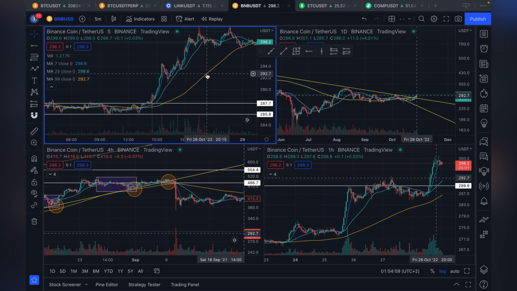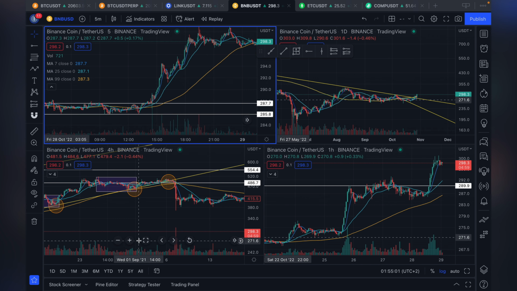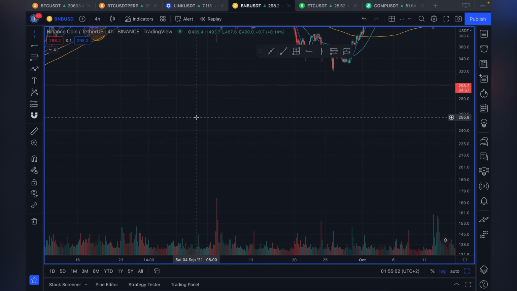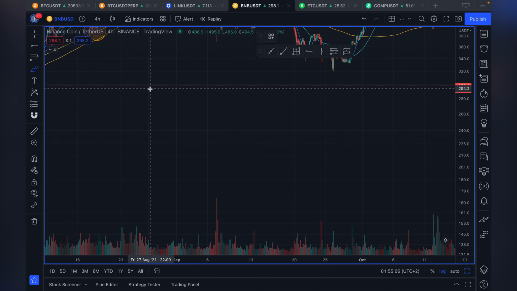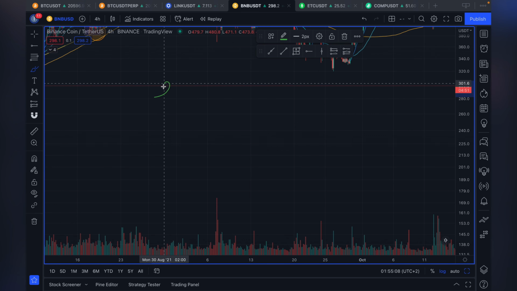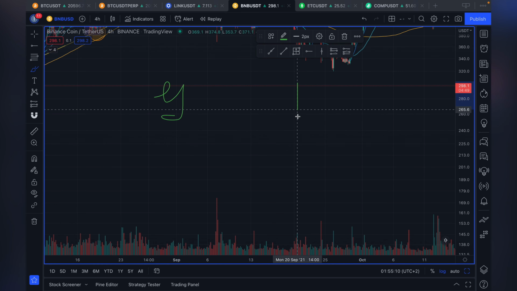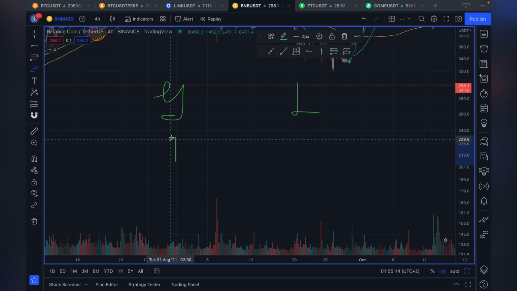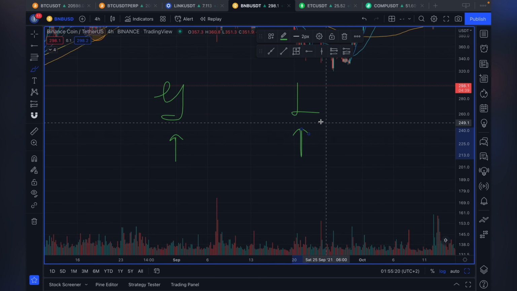Let me write it for you here. We have general, let it be G, and local, L. If you have a general trend up and a local trend up, it's okay for you, it's good for longs, and not good for shorts, not shorts at all.